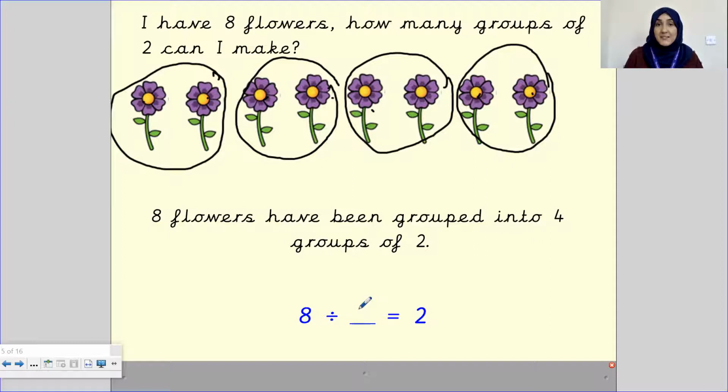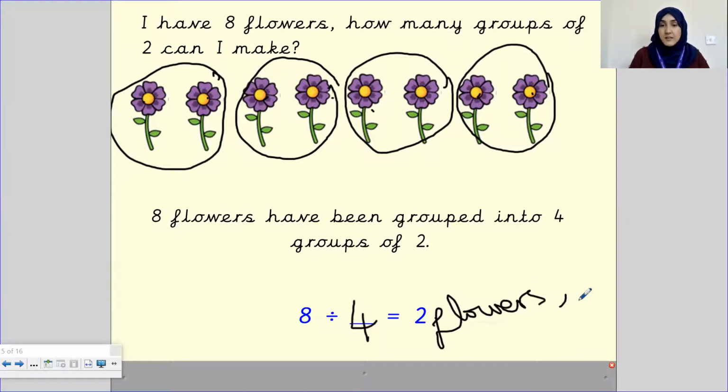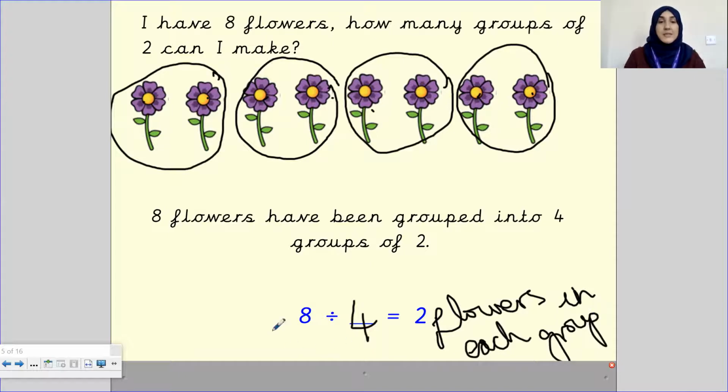Show me your fingers. Well done. 4 groups equals 2 flowers in each group. Okay, so we started off with 8 flowers. We made 4 equal groups, and in each equal group, there is 2.